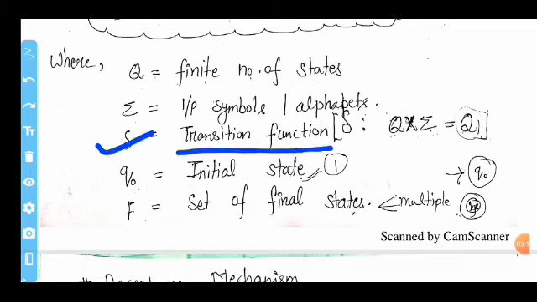In the case of DFA, the transition function maps Q cross sigma to Q, the finite number of states.